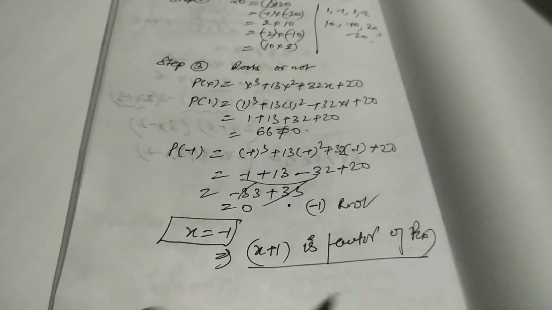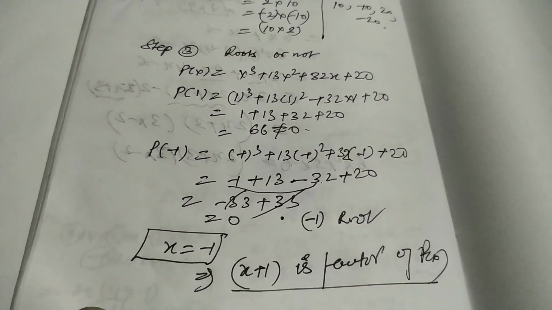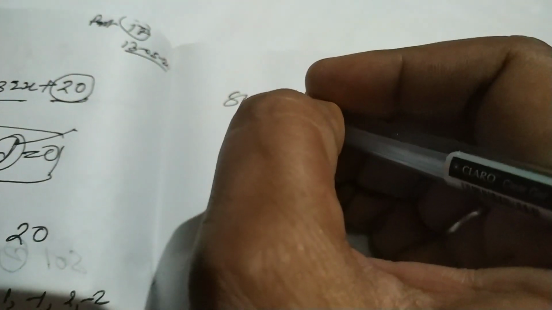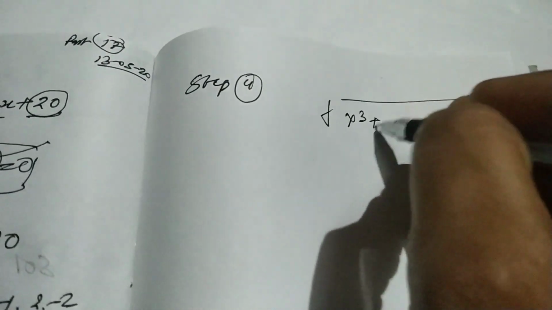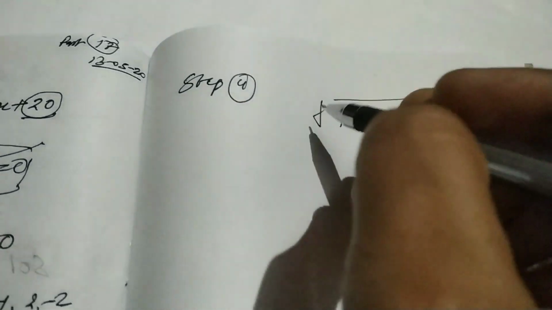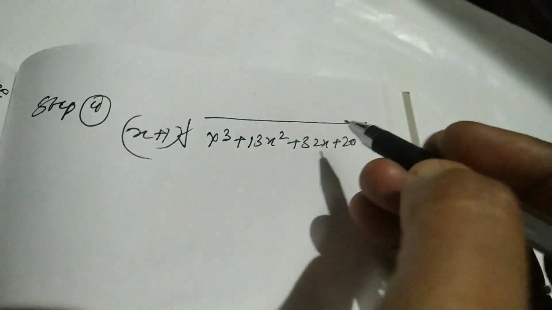If it is a factor of p(x), then if we divide by x plus 1, the remainder will be 0. Step number 4: divide p(x) by the factor x plus 1, and the remainder will become 0.